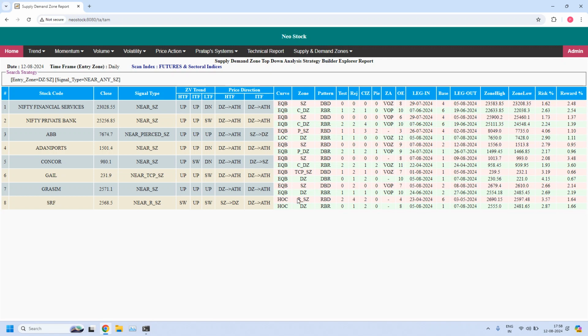And we have also one more high liquidity supply zone, SRF. This is already tested twice and 4 rejections also there. So that means we have identified 2 high liquidity supply zones on the daily time frame.